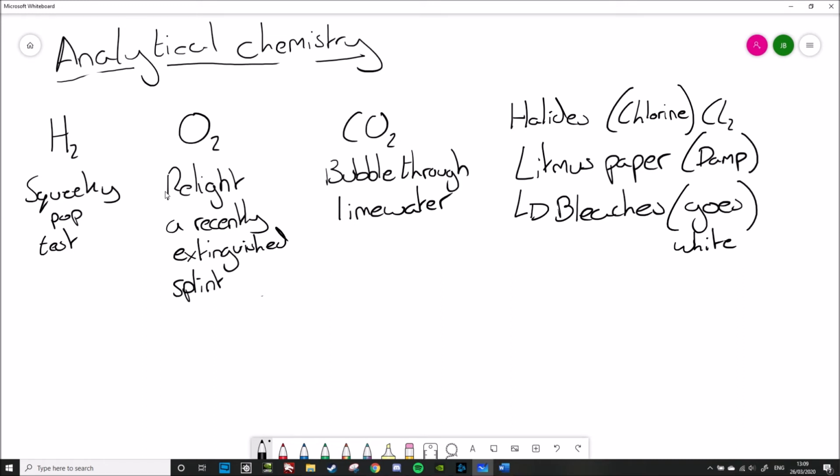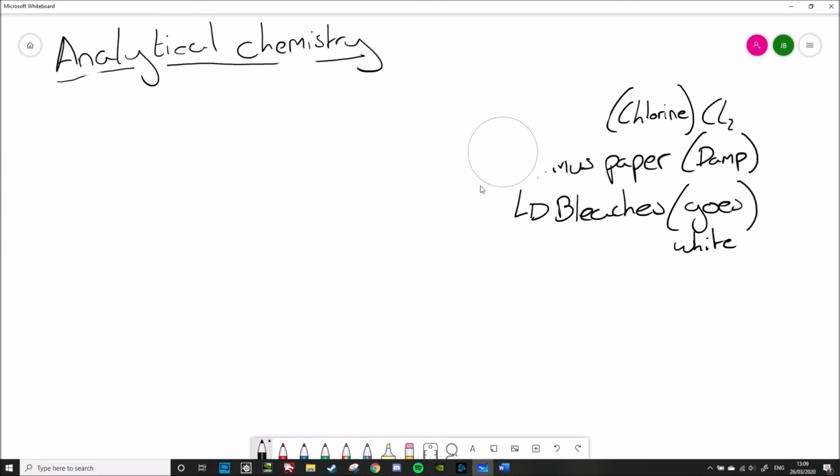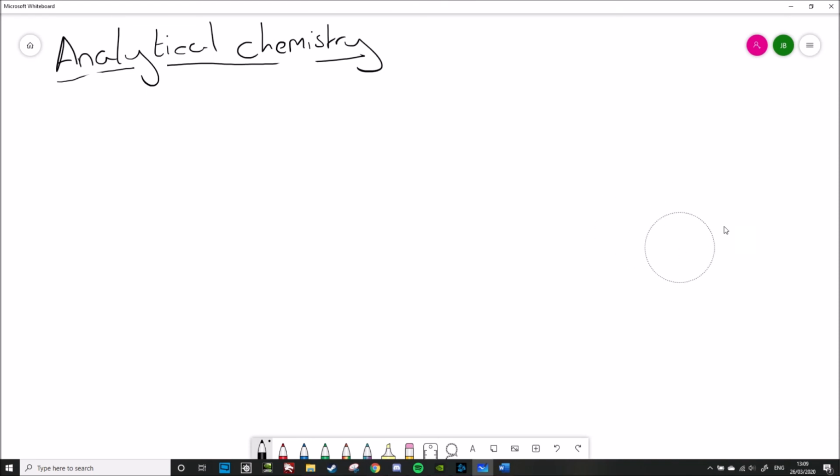Now the next bit of the video I'm going to be talking about is triple. Right, first of all we've got flame tests. Now this is an important step and we can use it to identify metal ions.